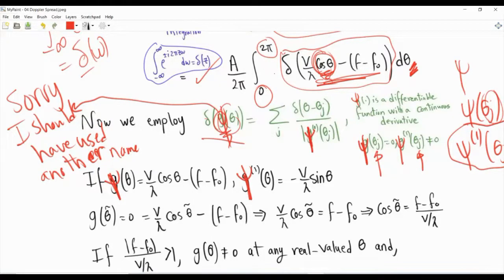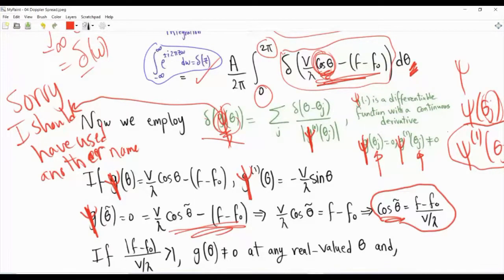The cosine is defined from minus infinity to infinity, but because we are integrating from 0 to 2 pi, this is our domain of interest. Suppose it is equal to 0 at theta tilde. Equating this to 0, you find that cosine theta tilde must be equal to this quantity.